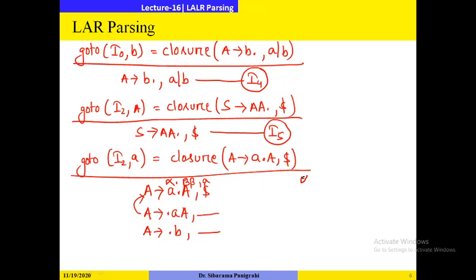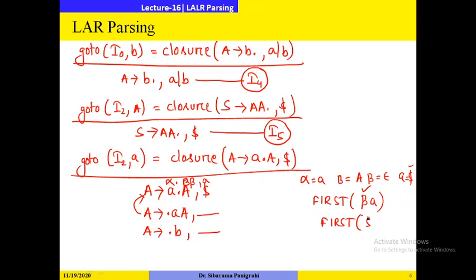So here alpha equal to small a, B equal to capital A, beta equal to epsilon, and a equal to dollar. So you have to compute first of beta a. So here beta is epsilon and a is dollar. So you will get first of dollar.